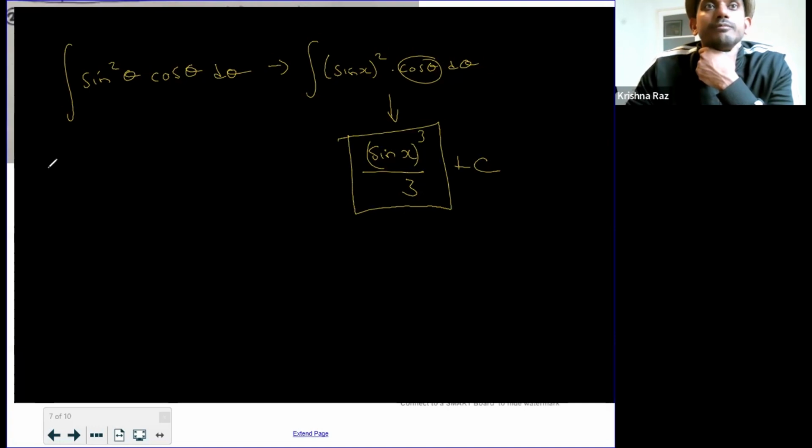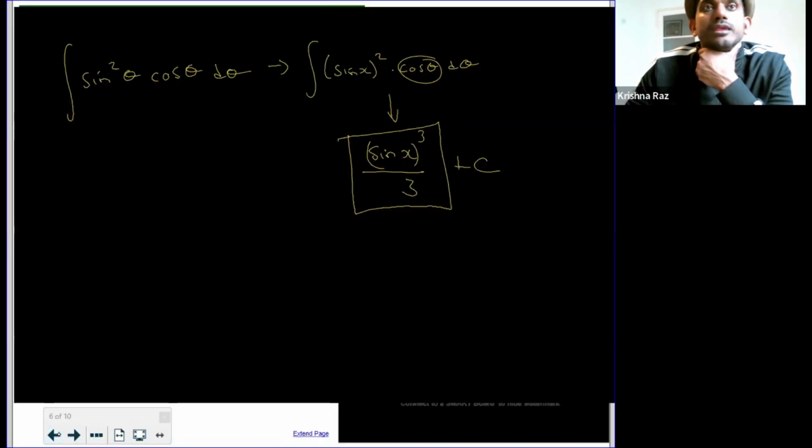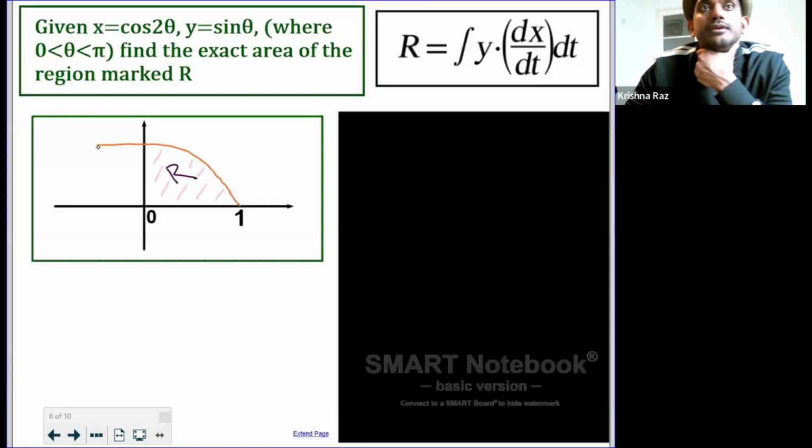So when we go back to our previous bit, we would have ended up with the integral of sine cubed theta over 3 between 0 and pi over 4 times minus 4.